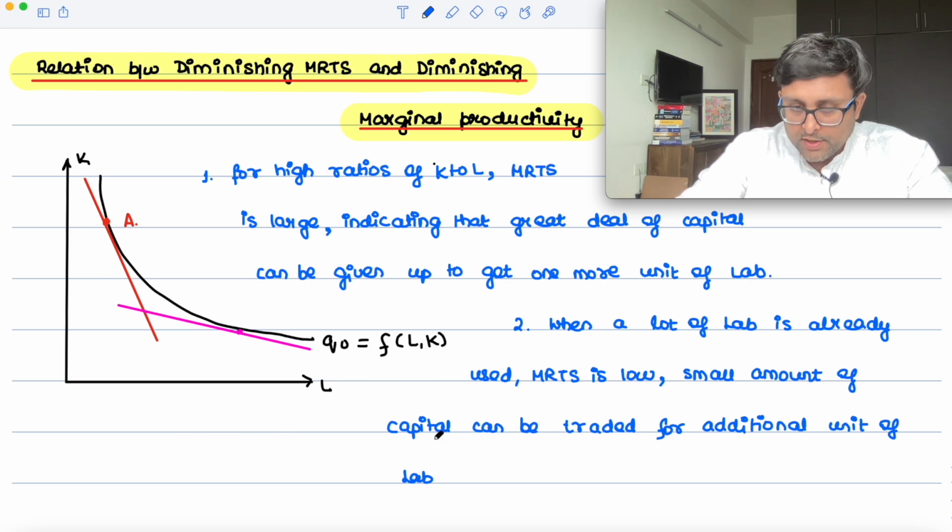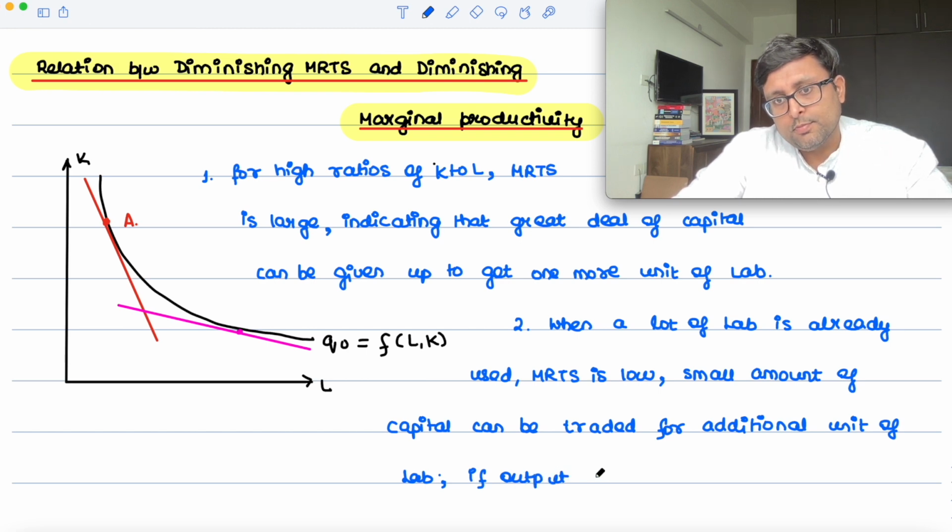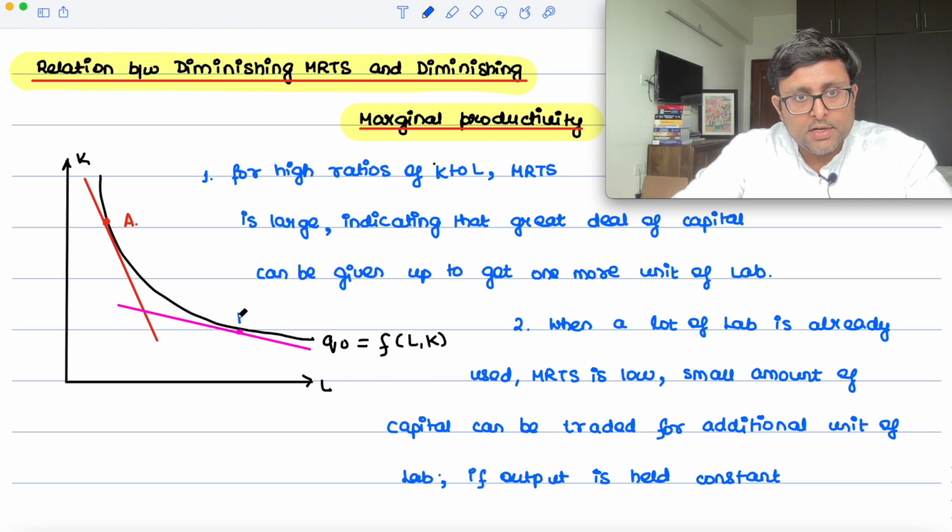For an additional unit of labor. Of course, all of this holds true if output is held constant.